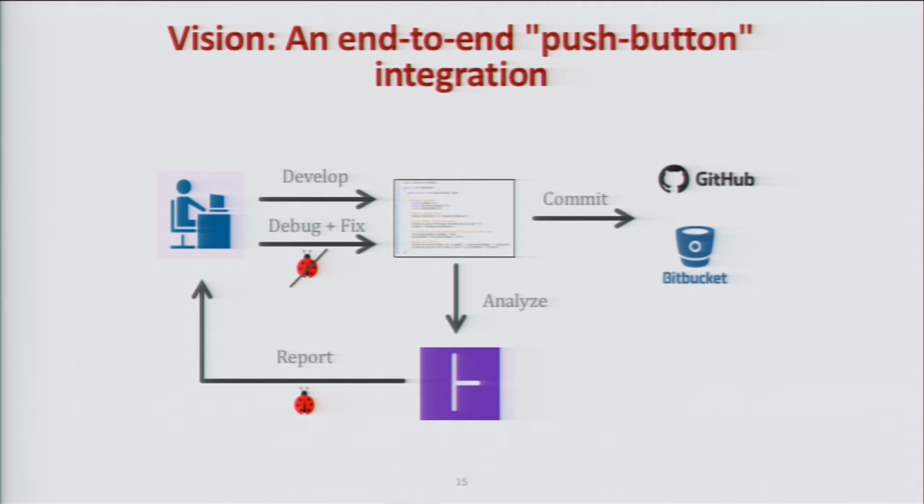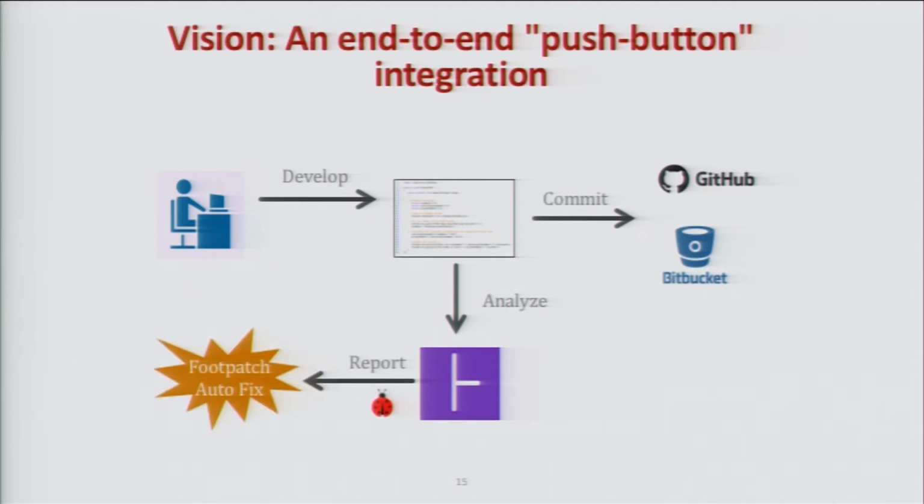The vision here is that once this bug is found, instead, we'll call a tool, maybe something like Footpatch, the tool I'm describing, or maybe other tools built on other static analysis techniques, to generate an automatic bug fix that can then be validated by the developer much more quickly than if she had to develop her own fix.